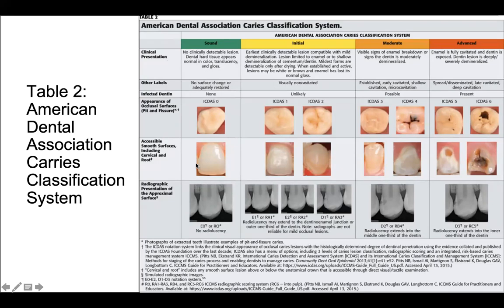Now when we go to the initial ICDAS 1 and 2 stage, there are a lot of lesions there. The surface is rough, there is discoloration, it's not shiny, not glossy. And we have seen some minute yellowing or blackish cavity formation. Let me show you.